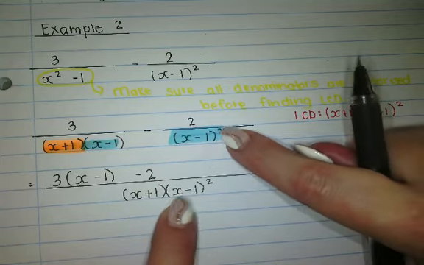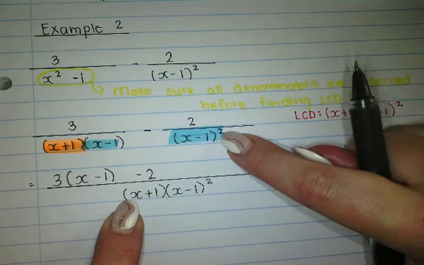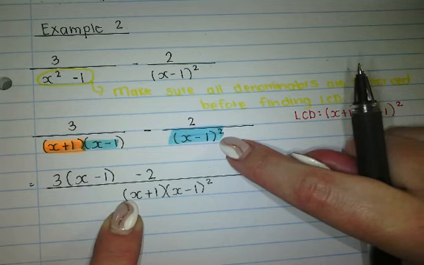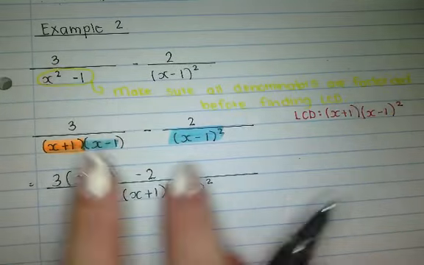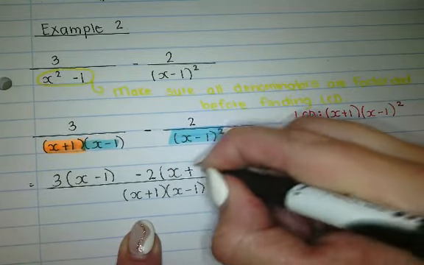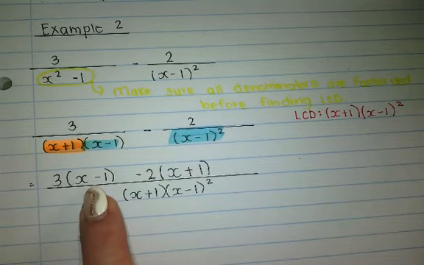Because look here, my LCD is x minus 1 squared. Okay? But what about the x plus 1? This one's missing the x plus 1. Do you see? But whatever you do to the bottom, you do to the top. So this negative 2 still needs to get multiplied with an x plus 1.